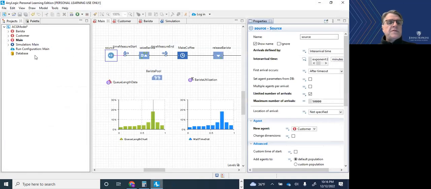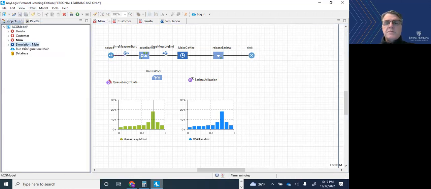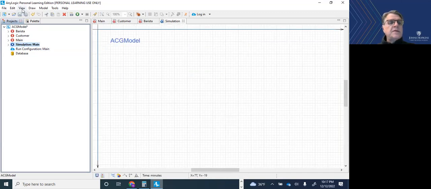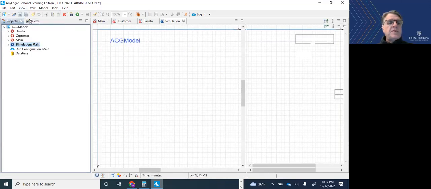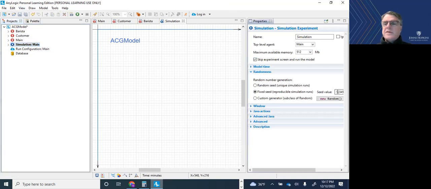Let's just rerun this one. So I go to view properties and then I click on simulation main. Let's try that again. View properties. There it is. And I just make this, let's say 12 now. This is just some sort of initial seed for a random number generator.